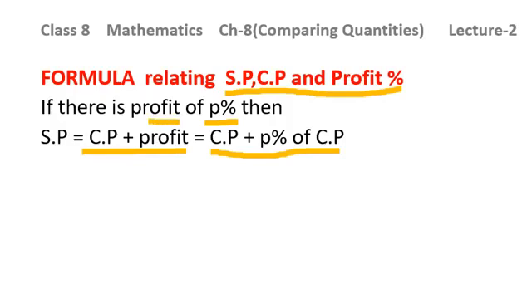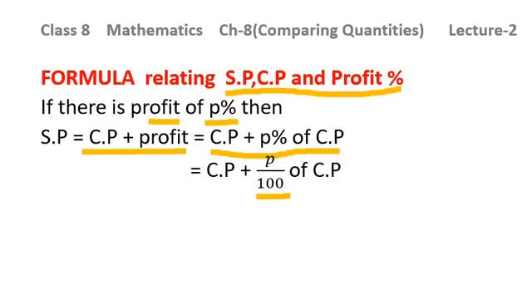In place of profit, we have written profit percent of CP. As I told you, profit and loss are always calculated on the cost price, that is CP. Then it will be P percent, and we know that if percent sign is given, then percentage is a special fraction in which the denominator is always 100. So we have written P over 100 of CP.